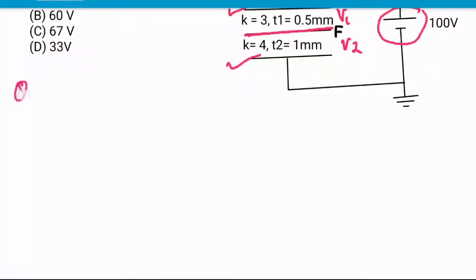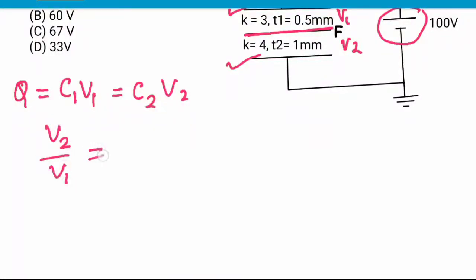So Q is the charge which is the same for both capacitors, and Q is equal to CV, so C1 V1 will be equal to C2 V2, as the charge in both capacitors is the same. So I can write that V2 by V1 will be equal to C1 by C2.